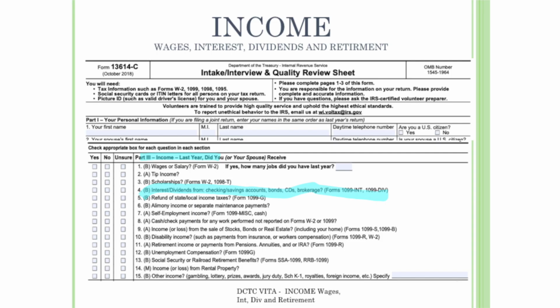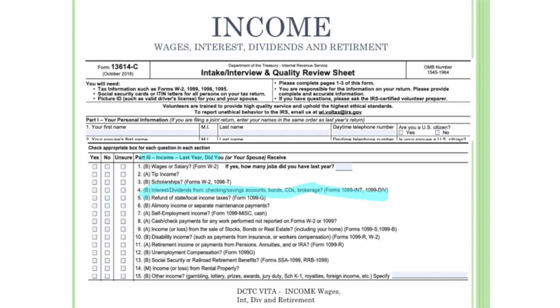If we take a quick peek back at our Form 13614-C, our Intake, Interview, and Quality Review Sheet, page 2, Part 2, we would find some items of income.